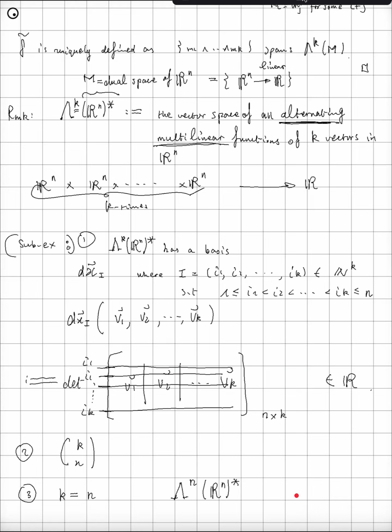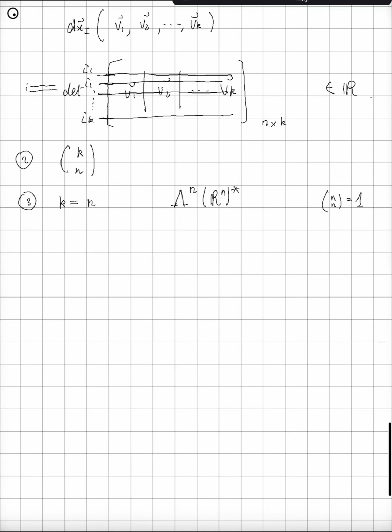This would be one-dimensional, because n choose n is 1, and the basis, basically this dx_{1,2,3,4,...,n}, is exactly the one which maps given n vectors to their determinant, because you're picking all the n rows.